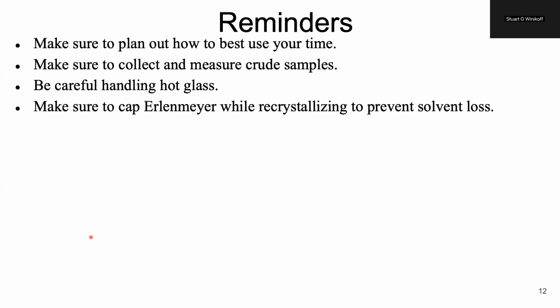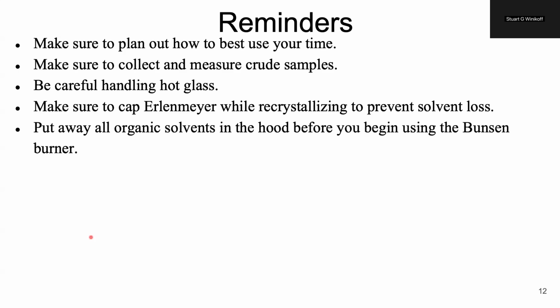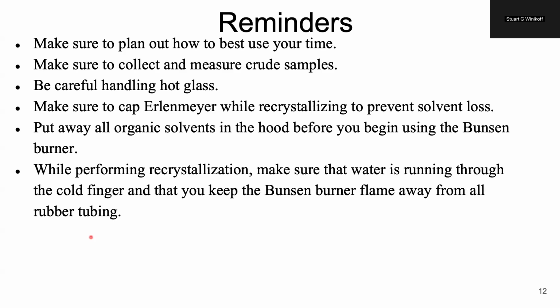If too much of your petroleum ether evaporates, you're going to have to rerun the system. Now, especially because we're going to be playing with Bunsen burners, don't forget petroleum ether and acetone are both very flammable, so make sure that all of your organic solvents are away and capped before you pull out the Bunsen burners for sublimation.